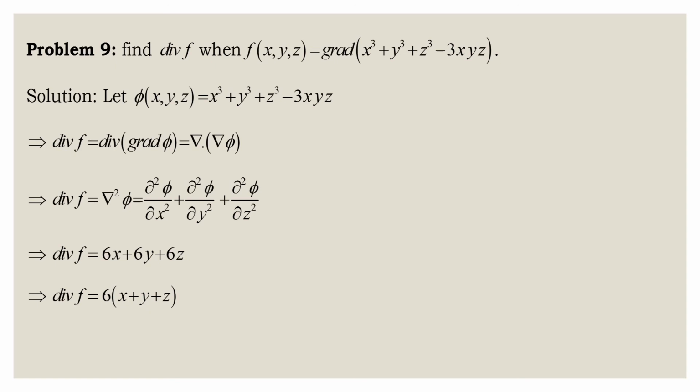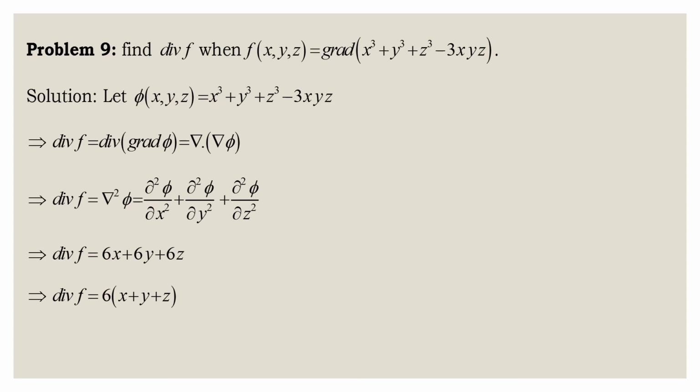If we find out dou phi by dou x, we get 3x square minus 3yz. If we find out dou square phi by dou x square, we get 6x. Dou phi by dou y equals 3y square minus 3xz. Then dou square phi by dou y square becomes 6y.